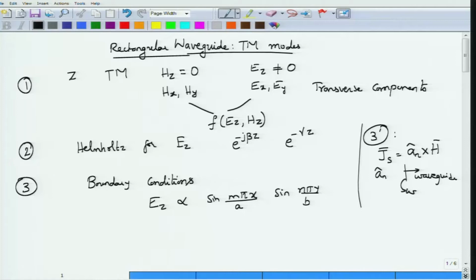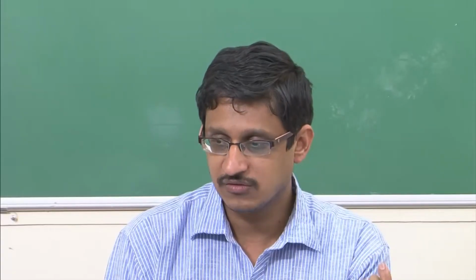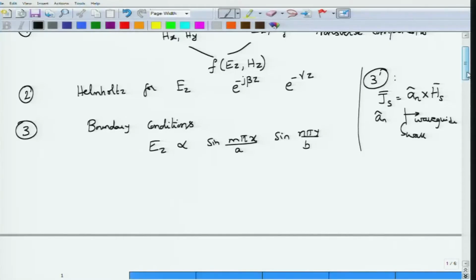This relationship is necessary when we want to evaluate the losses in the waveguide, or just to understand what currents need to be there in order to have the magnetic fields present there. Of course, this H must be evaluated at the surface so as to obtain the surface current.